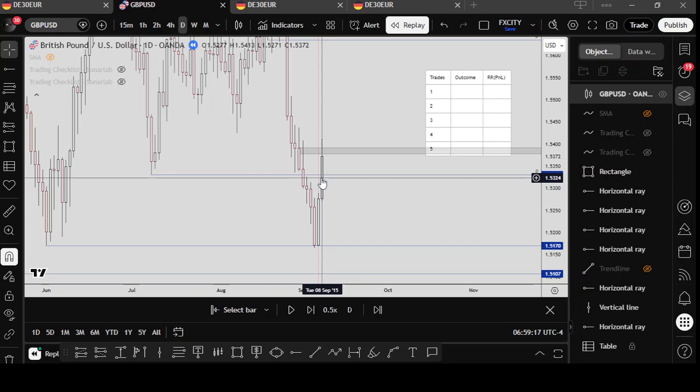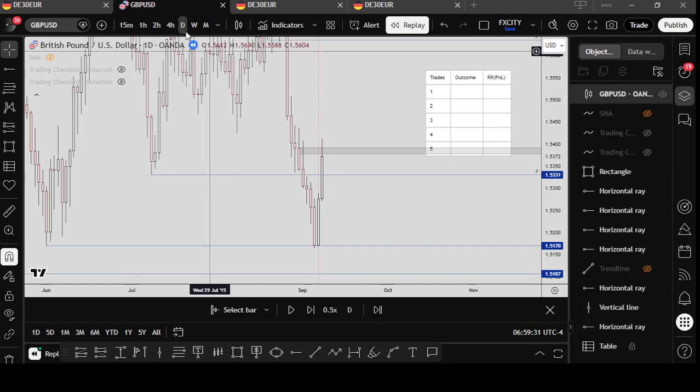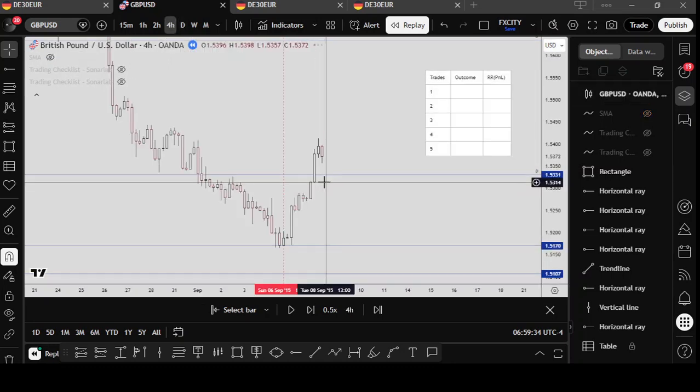Given that we have 4 hours left to close, and that is actually 13 o'clock, which is coming into the end of the day, do we have that strength or that momentum to close back down below this? Which is no. So for that reason, I will not be taking that trade.